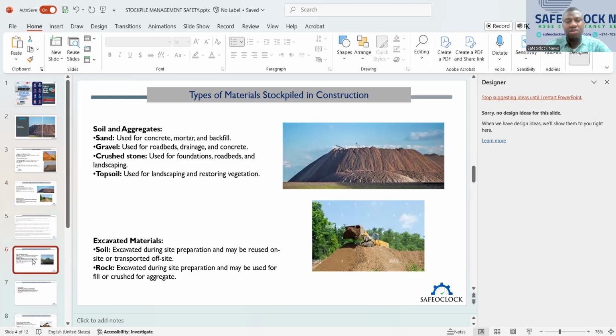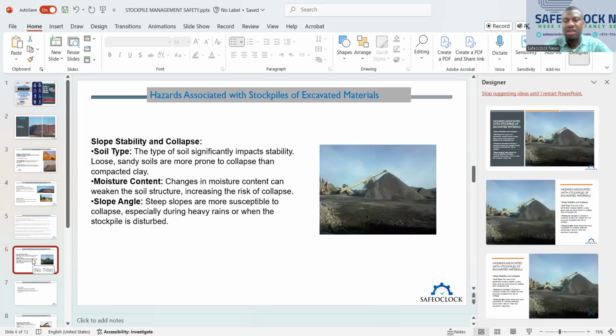Now, let's look at some of the hazards associated with stockpile materials. One of them is stability or collapse. Due to the type of soil, there is a possibility of those stockpiled materials collapsing.